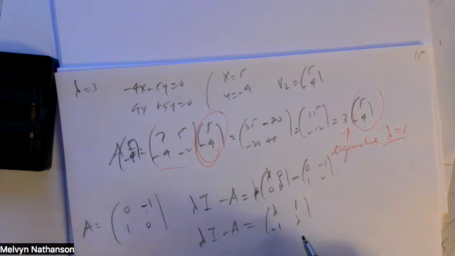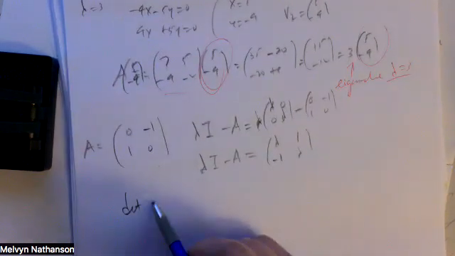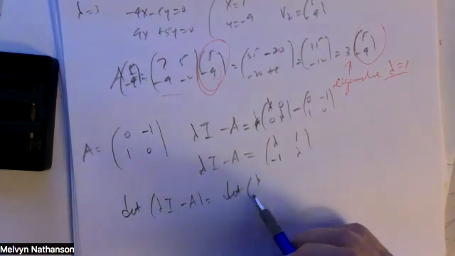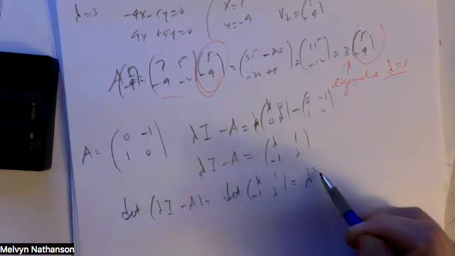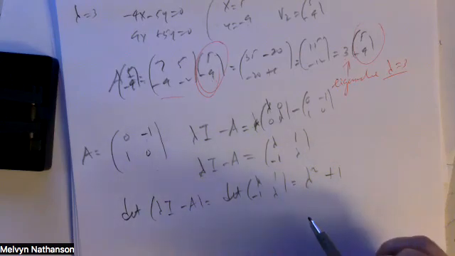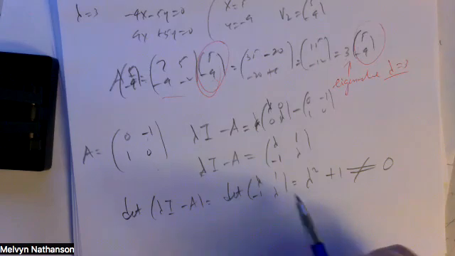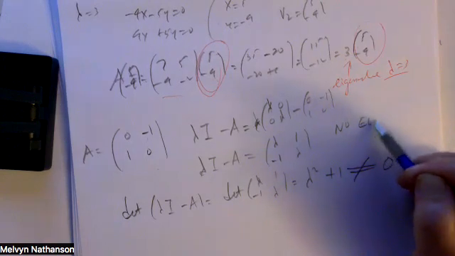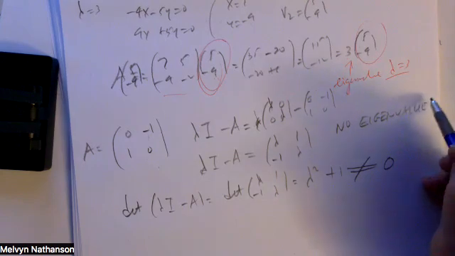And I want to know for what values of lambda the determinant is 0. So the determinant of lambda I minus A is the determinant of lambda, 1, minus 1, lambda. This determinant is lambda squared plus 1. And if you're working in the real numbers, this is never 0. So that means there exists no eigenvalue.